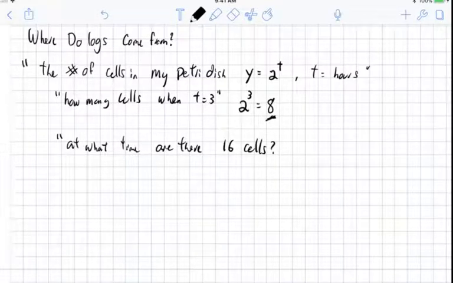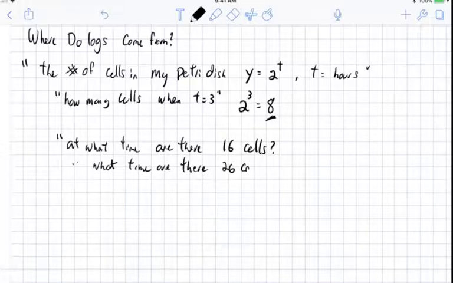At what time are there 26 cells? How do we answer these questions? These types of behavior, these models are so prevalent that we often want to know how to answer these questions.